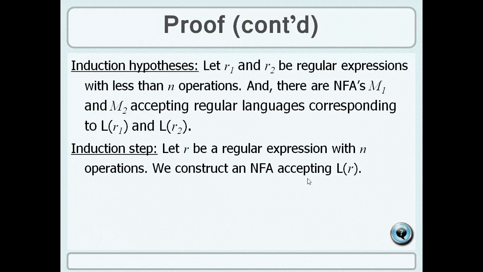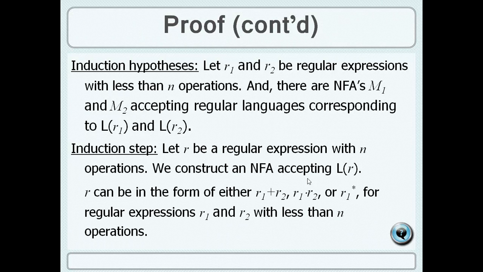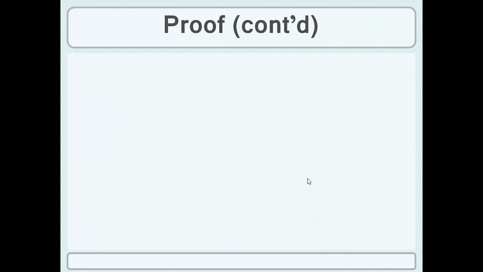Let R be a regular expression with n operations. Then we construct an NFA accepting L(R). Now R can be in the form of either R1 plus R2, or R1 concatenated with R2, or R1 star, for regular expressions R1 and R2 with less than n operations.